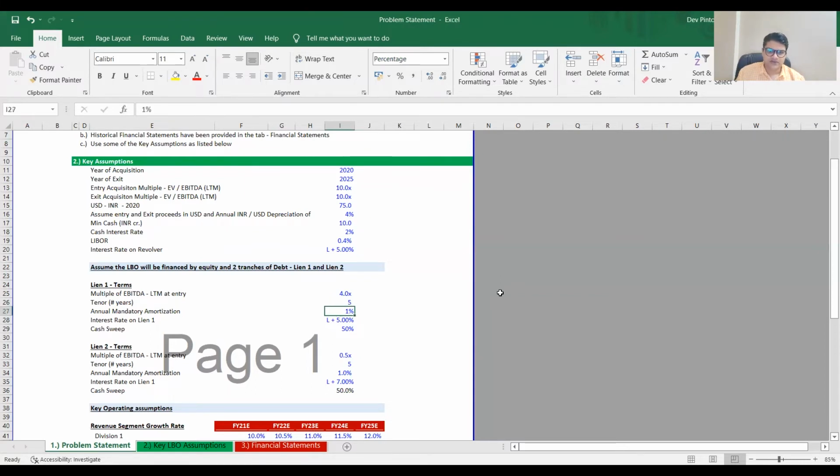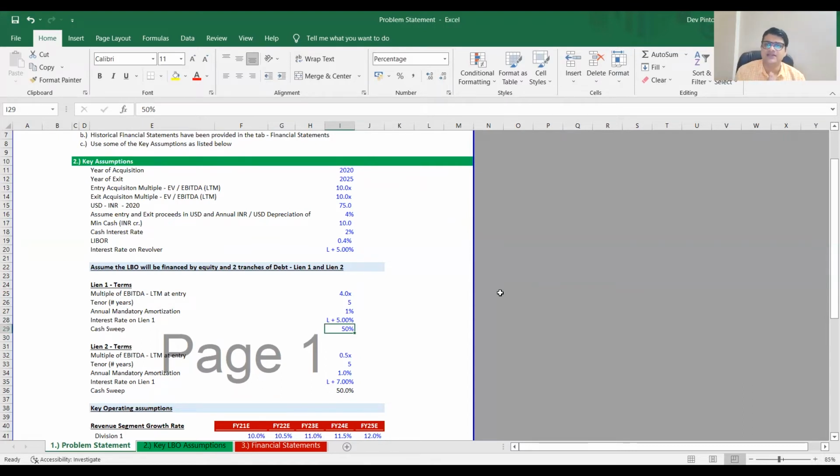Interest rate on lien 1, LIBOR plus 5, cash sweep of 50%. So what does cash sweep mean? What it essentially means is, once whatever excess cash that I have in the business, after I account for everything, like CFO plus CFI, you take free cash flow to the firm, then free cash flow to equity, pay down all debt, interest, you raise equity, you pay down dividends.